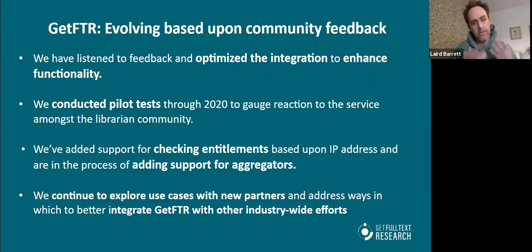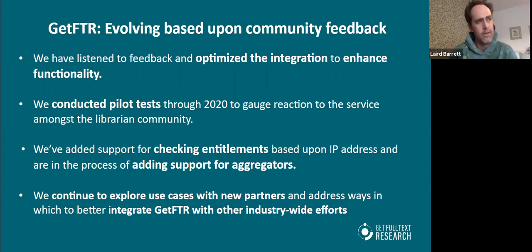And obviously IP, even in these current circumstances, is still the dominant means of authentication to publishers' websites. So we also introduced an IP authentication check. That massively increased the number of researchers for whom we were able to return a GetFTR link, and again, ease their discovery, authentication, and access journey. And that learning and that evolution of the service continues on.